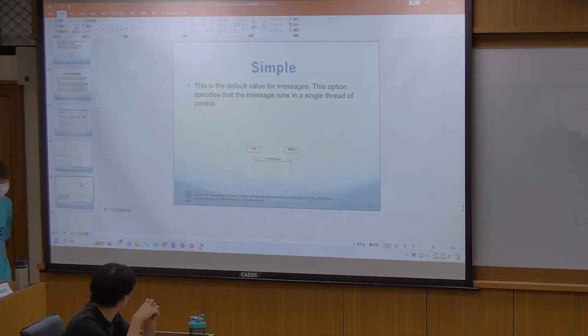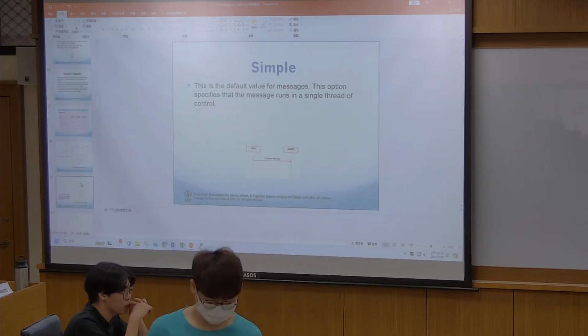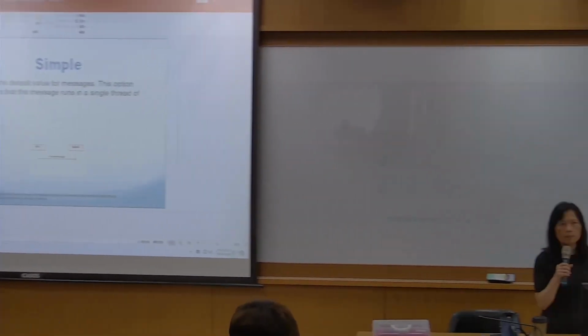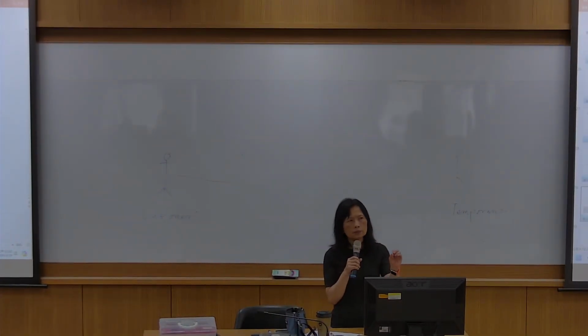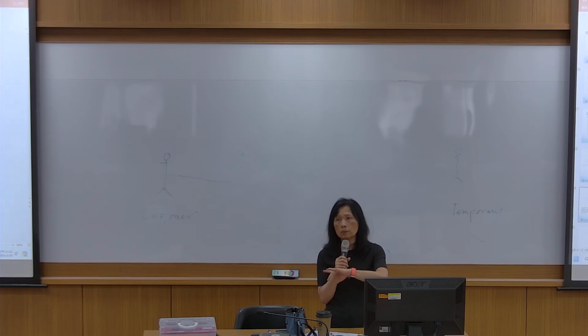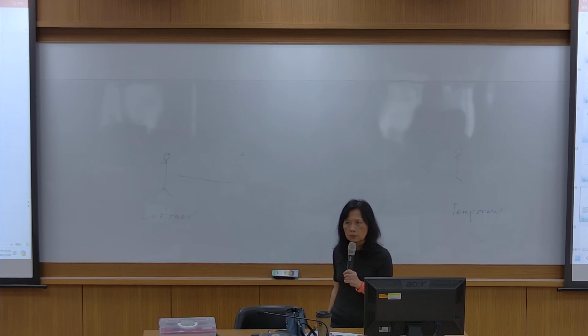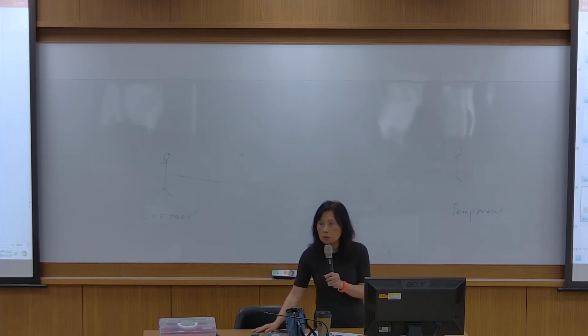And what else? Tell me what you know that we can see in the sequence diagram but not in the communication diagram. We cannot see focus of control, lifeline, right? What else can we not see in the communication diagram?